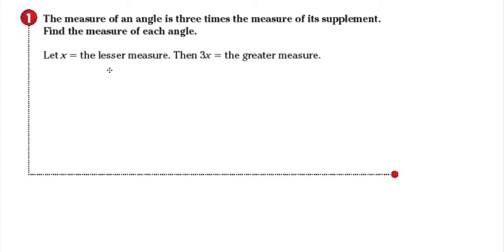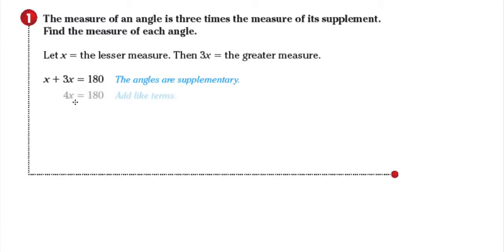We simply add the two angles together. x plus 3x equals 180 because the angles are supplementary, assuming that the angles are supplementary with that statement.